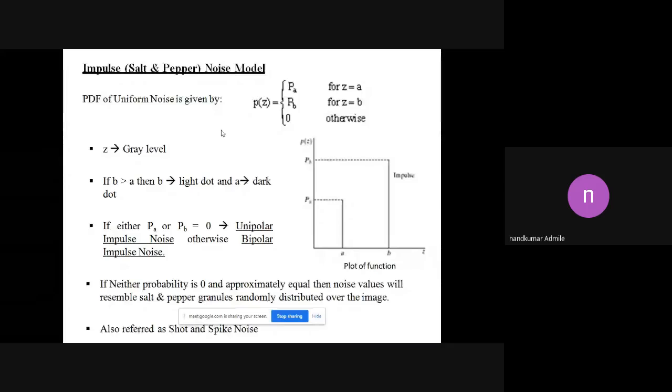You can also observe it on your passport size photo. On that photo we can easily identify the small dots, and those small dots are called salt and pepper noise. So these are the identification and the plot formation of the salt and pepper noise.